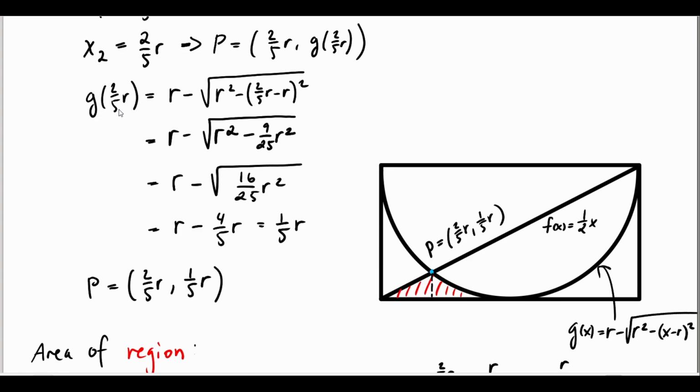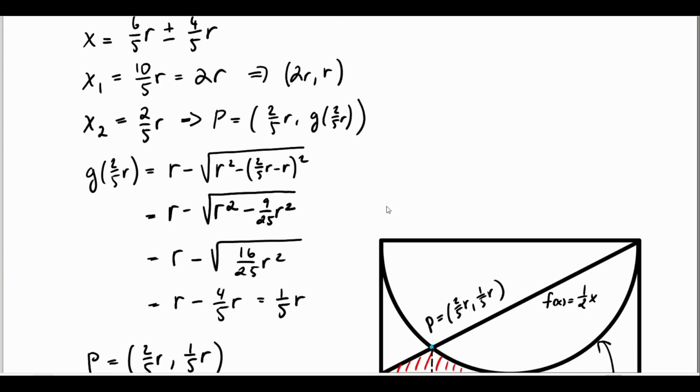I realize now it's actually much easier. So we get this point P, which we are actually interested in. So 2 over 5r comma 1/5 of r. So we can see that this point 2r comma r is actually the point up there.